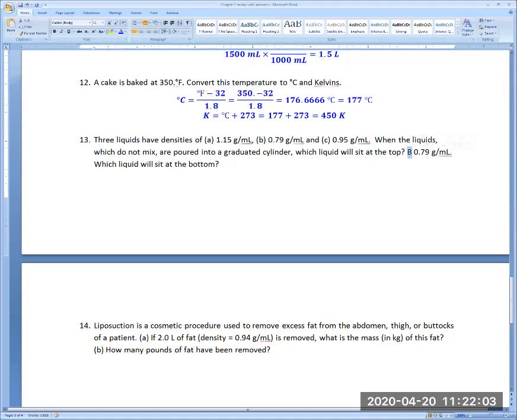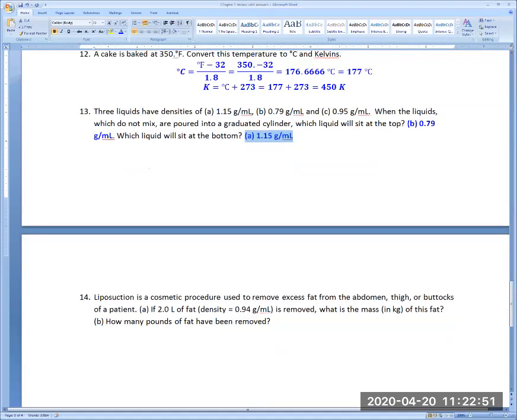So, B. Right, so the less dense will sit on top. And so then which one will sit at the bottom? Tell me in the chat, which one will sit at the bottom? The more dense will sit at the bottom. That's what density does. The more dense it goes downward. It's more heavy, and there's more pull from the gravity on it.